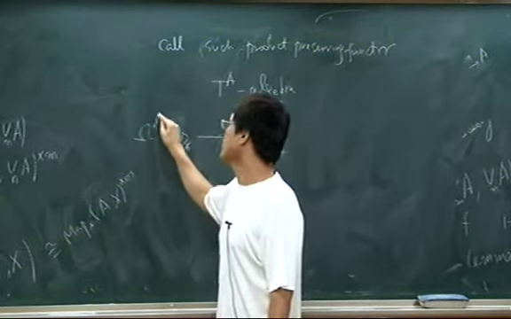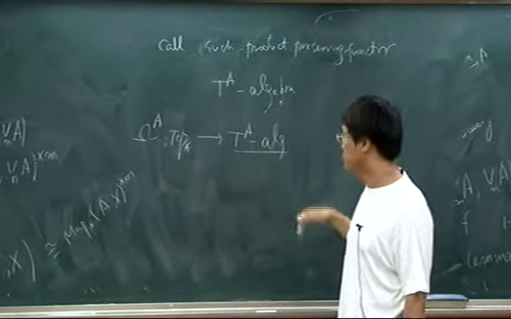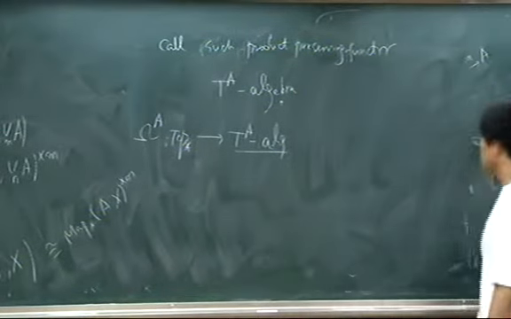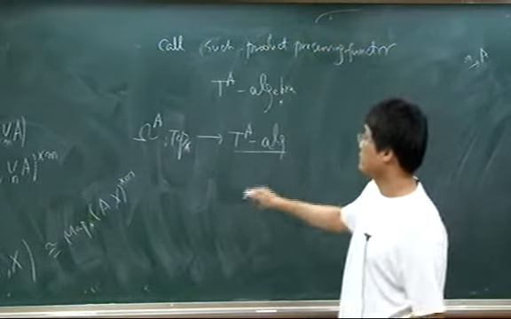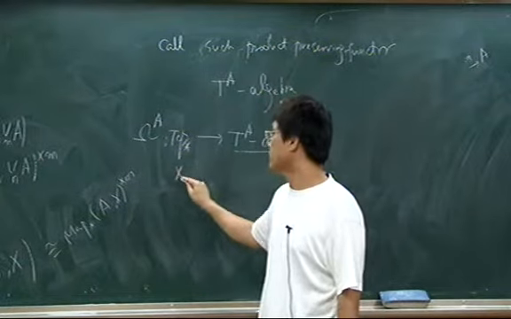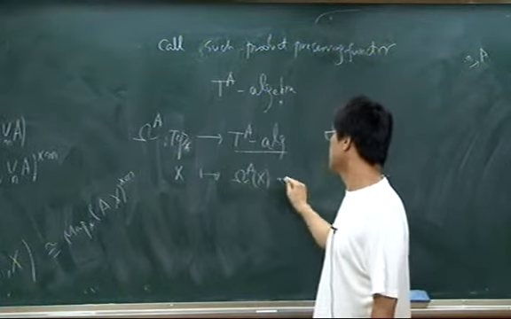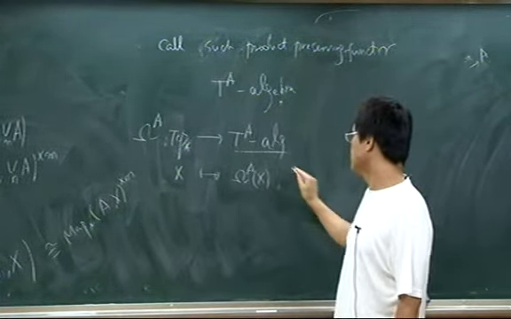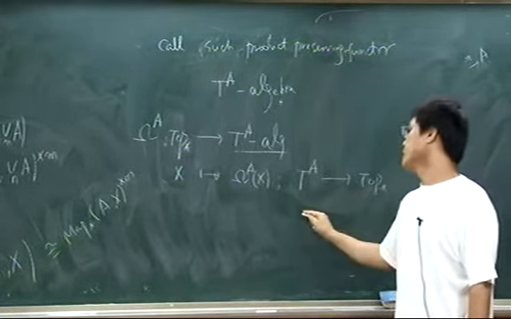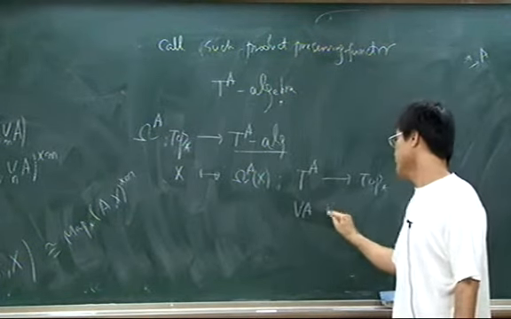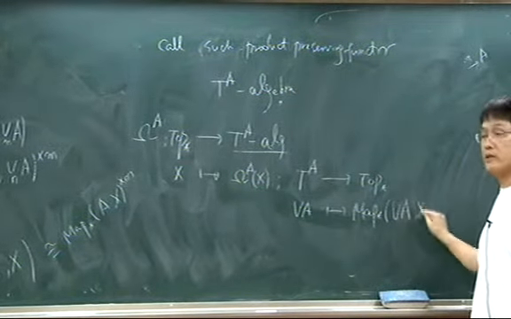We just constructed a functor from topological space to TA algebras. So here, if you have X, then omega of A, X is defined by this one. This is a functor, so if you have A here, then this goes to maps from A to X.